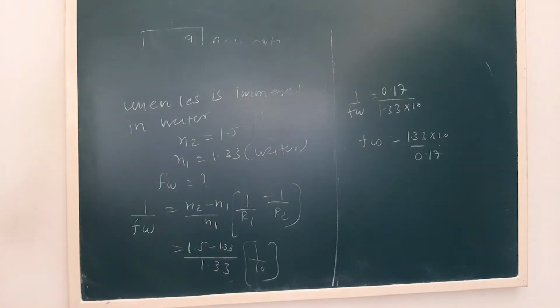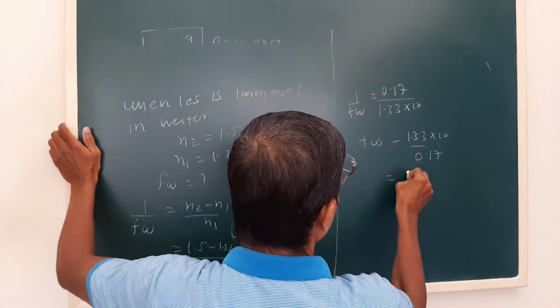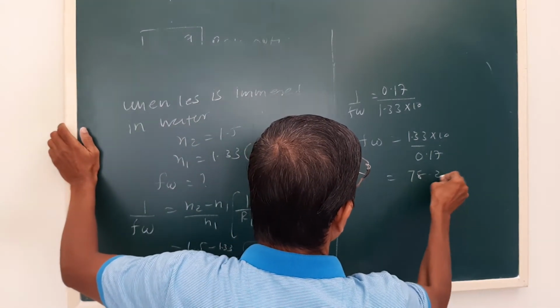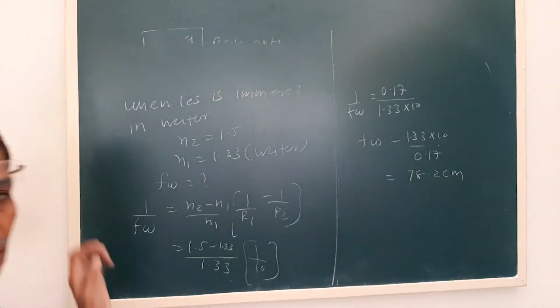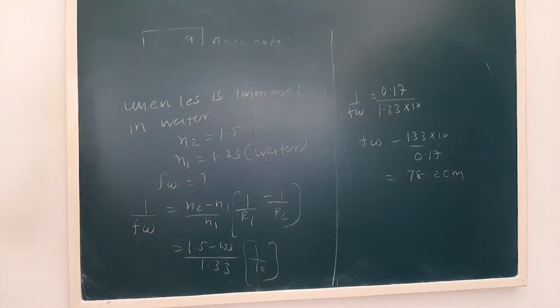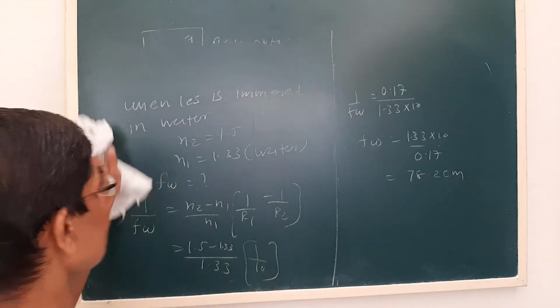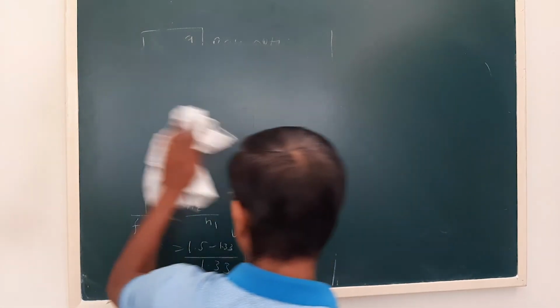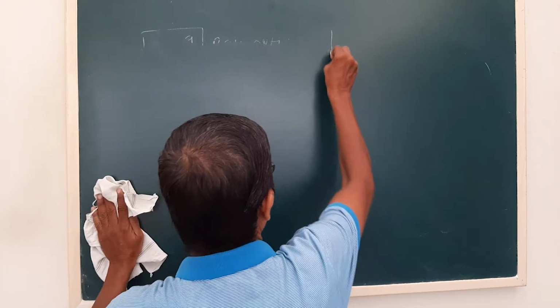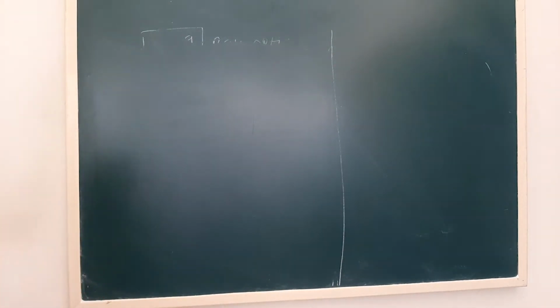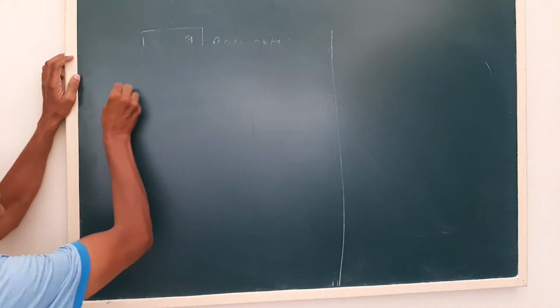Now this value turns out to be 78.2. Okay, so this is how we can calculate the focal length of the lens when it is immersed in water. Now this is about example number 9.8. Now next is example number 9.9. It is a combination of 3 lenses.